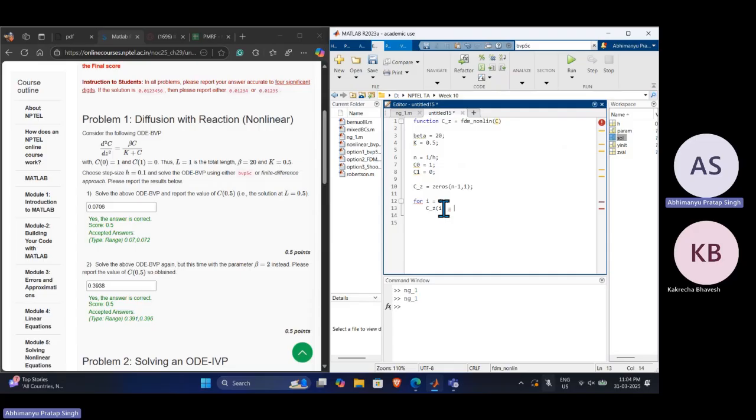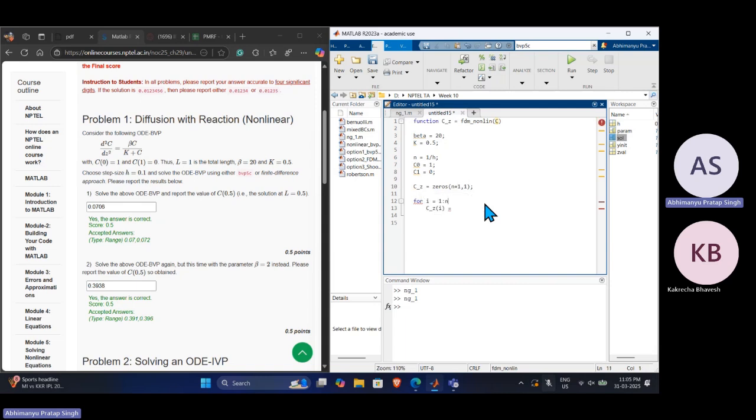Then we will get minus 2k minus 2 minus beta h square, minus c(i minus 1) plus c(i minus 1) and plus c(i plus 1). c(i) is equal to, yeah, that should be good enough.